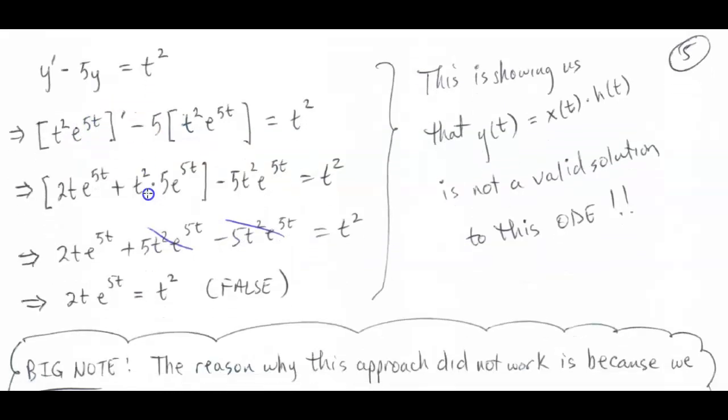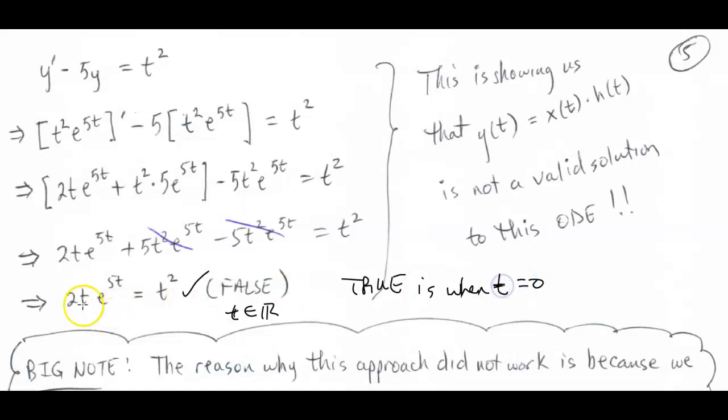Once we do all the work for it, you see that we end up getting this statement here, okay? And this is a false statement for t being all real numbers, okay? The only time when this is true is when t is equal to 0.